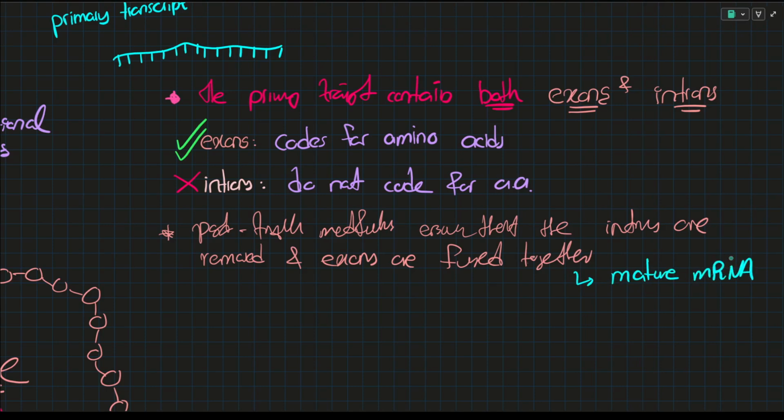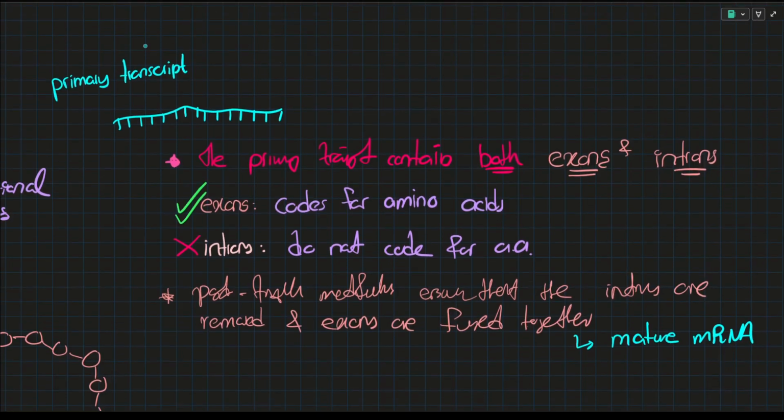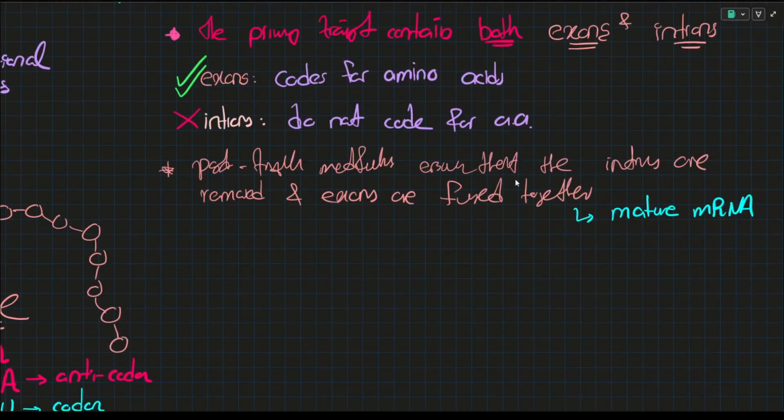So we started with the primary transcript. Now I have a mature transcript. Primary transcript, mature transcript. What would that look like? Let's just have a small go at it now. I'll indicate a couple of regions: 1, 2, 3, 4. Purple represents exons.